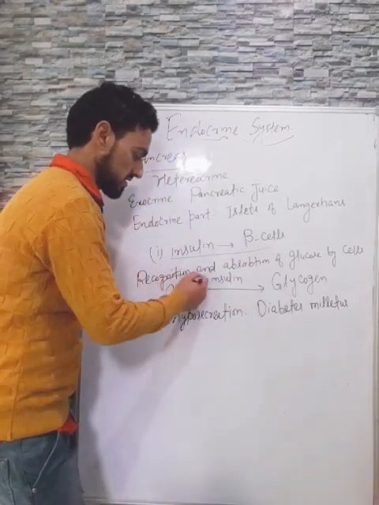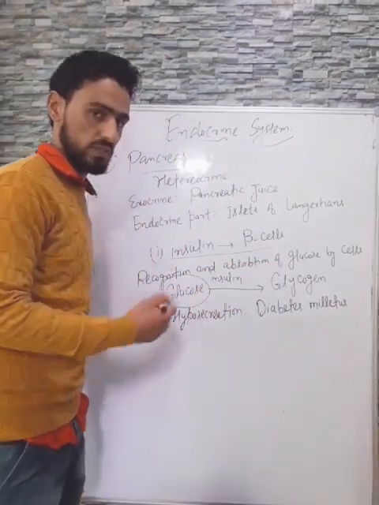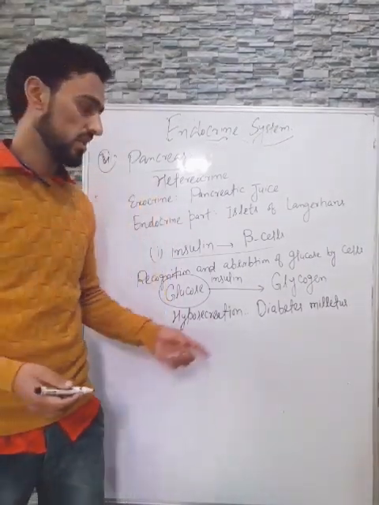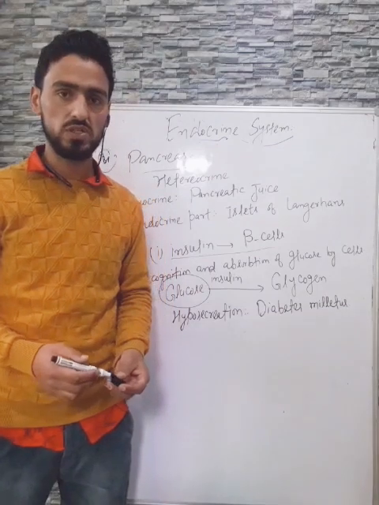There will be a high concentration of glucose in our blood, and that disorder is known as diabetes mellitus, simply known as sugar.